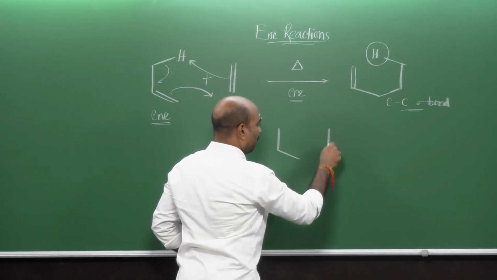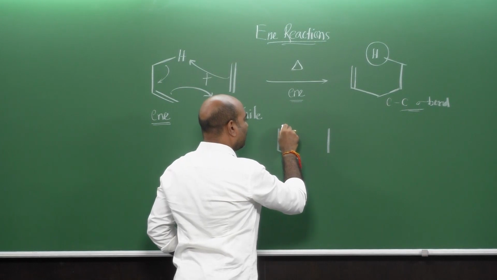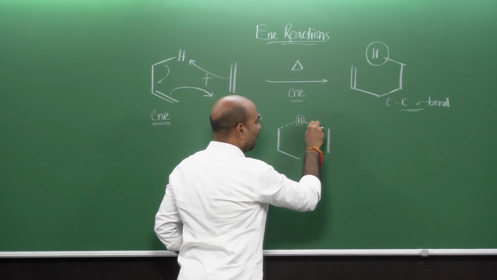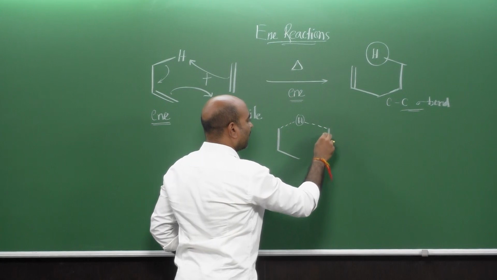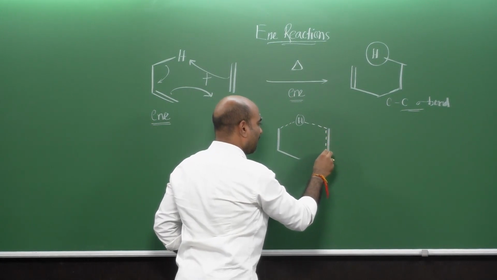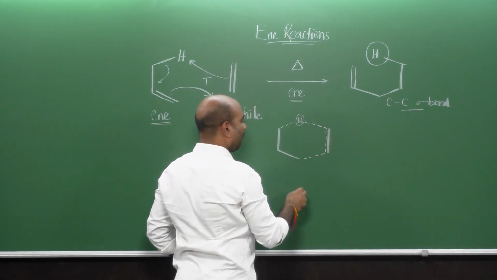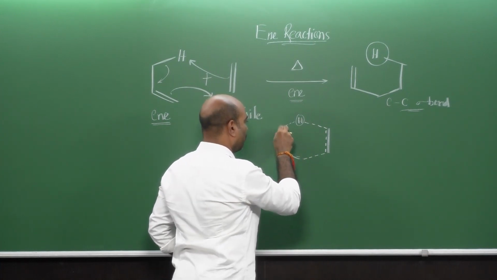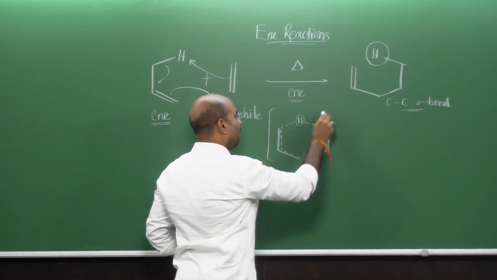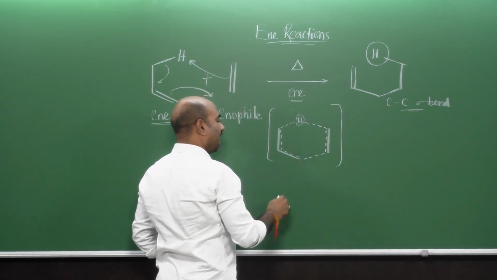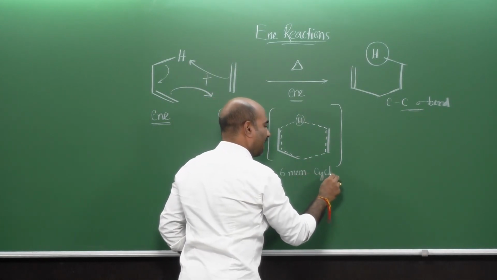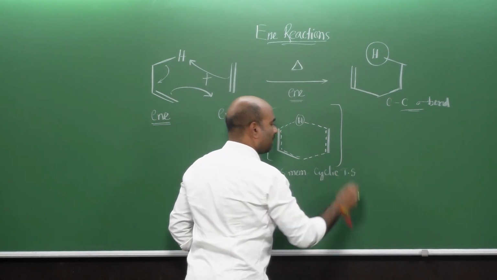The sigma bond which is already with the hydrogen is slowly breaking and forming here. The pi bond which is here is slowly moving here to form a sigma bond. Another pi bond in the ENE system is moving here. So you will be able to see a 6-membered cyclic transition state.